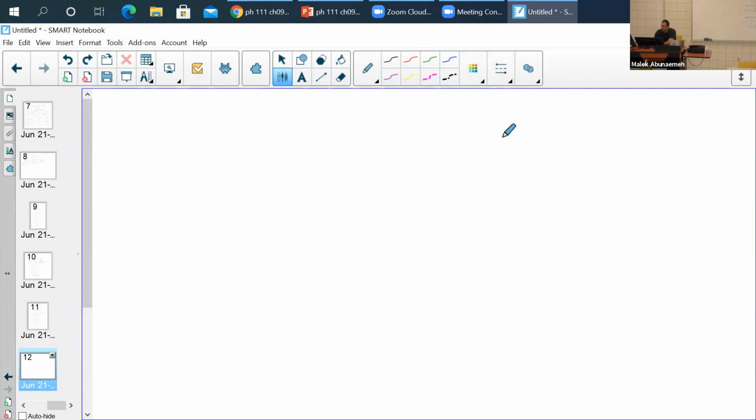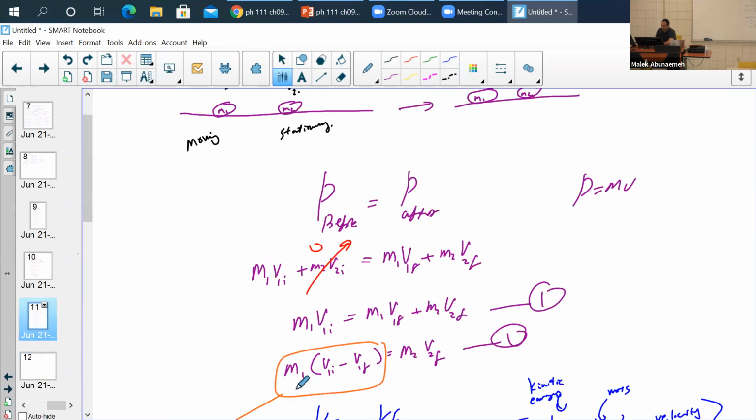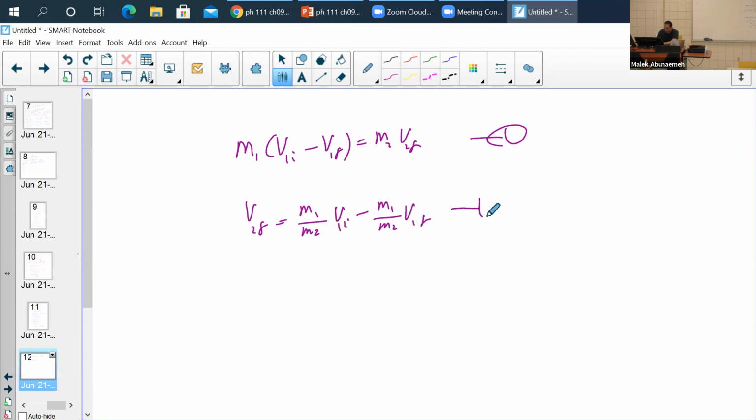So we had equation one, the one we had before. What is that? It's right over here. Your M1 times V1 initial minus V1 final is going to equal M2 V2 final. That means your V2 final is going to equal M1 over M2 times V1 initial minus M1 over M2 times V1 final, still equation number one.